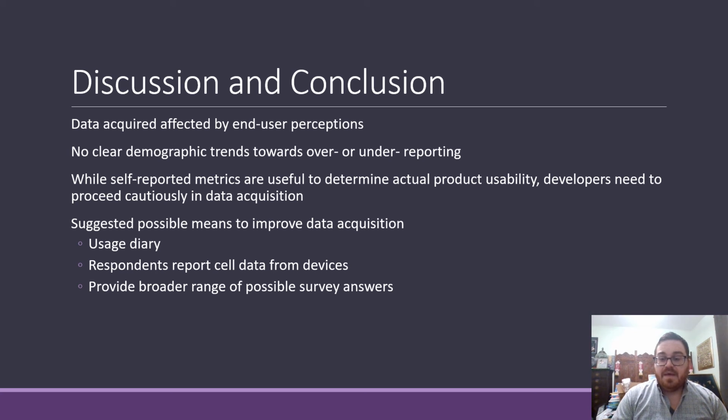An interesting point that the researchers found while studying the older cases was that if you provide a broader range of possible survey answers, if you aren't letting the users have an open-ended question, instead they must pick from a list, if you have more options to a point before you reach an area where too many options can overwhelm the participants, you can generally get more accurate data from people as they are able to determine the point of the question.